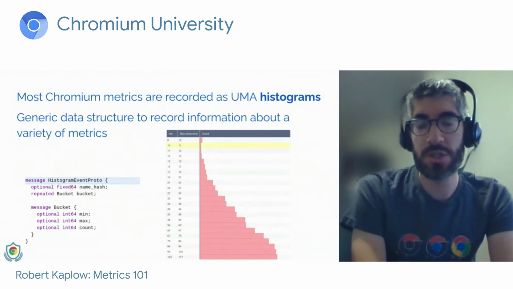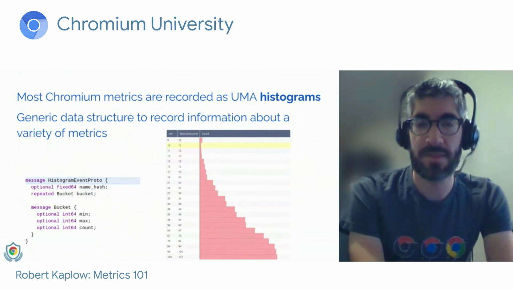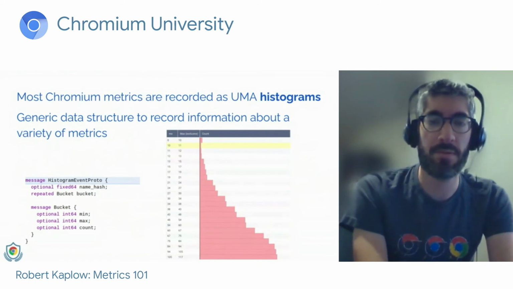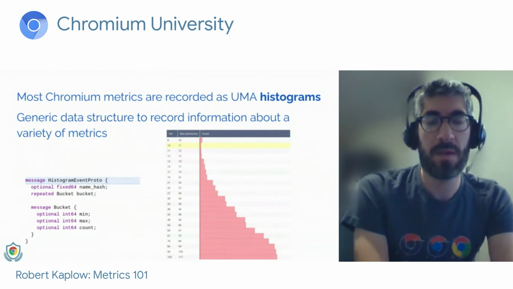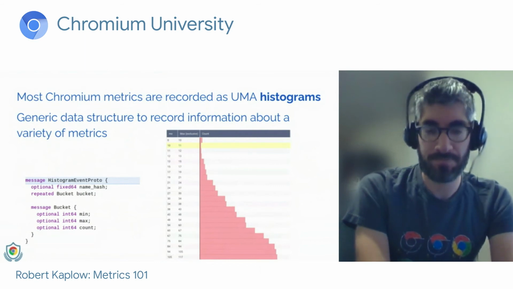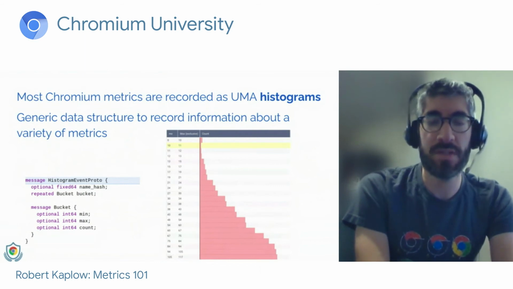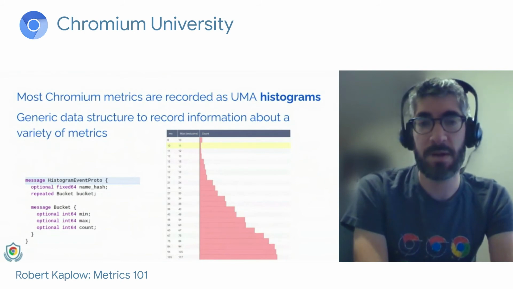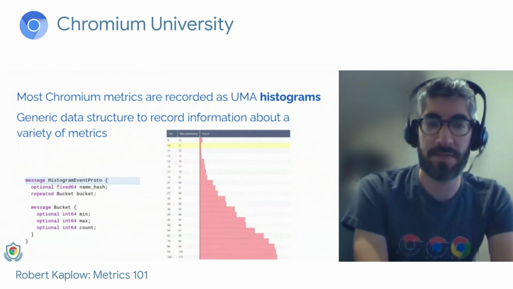We found this structure to be very useful and flexible in terms of supporting many different types of things we may want to record. So the way it actually ends up being is a user emits a metric. You find out which bucket that emission goes in, and that will increment the count of that bucket by 1. It's inclusive of the min and exclusive of the max.